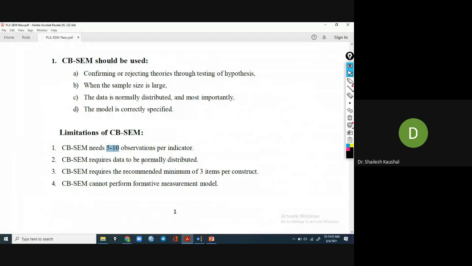CBSEM requires data to be normally distributed. Normally distributed means the shape of the distribution of data should be normal. The shape of the data looks like a bell shape. Bell means घंटी, like the bell in a temple. If the shape of my normal curve is like this, then it is good.